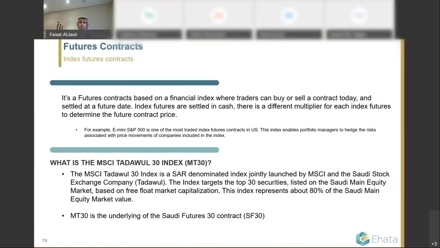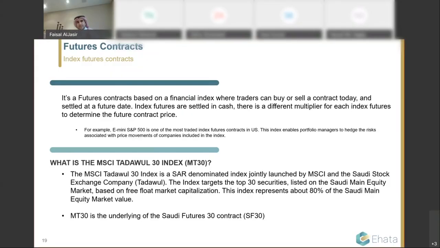When you have a position in an index future, you practically have an exposure to the stocks comprising the index itself, in this case, the MT30.